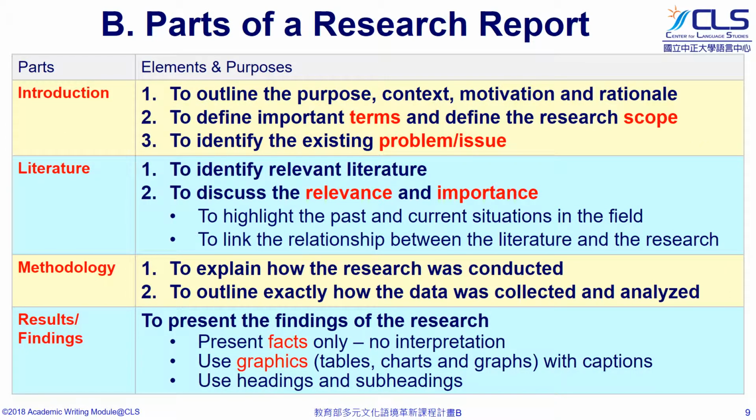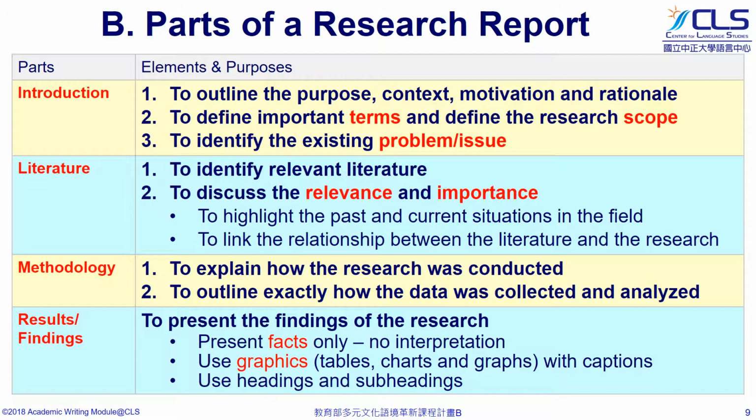Introduction outlines the purpose, context, motivation, and rationale, defines important terms and the research scope, and the existing problem or issue. Literature discusses the relevance and importance of relevant literature.